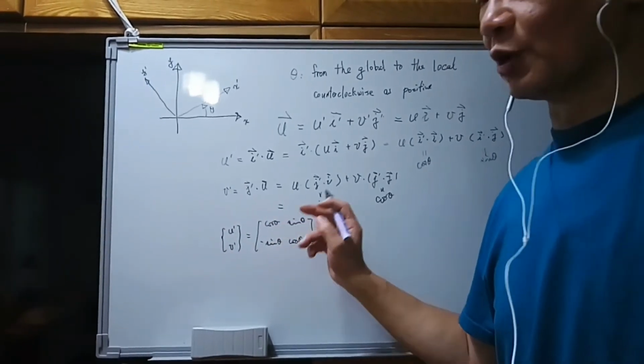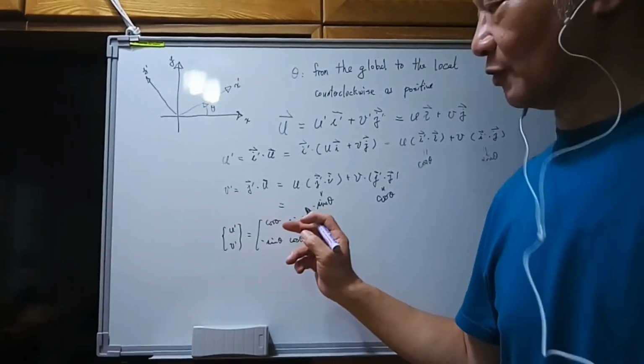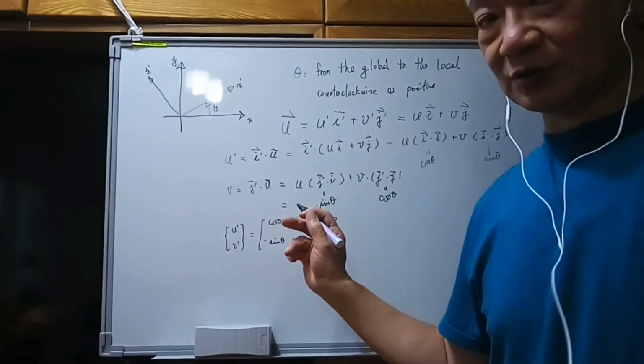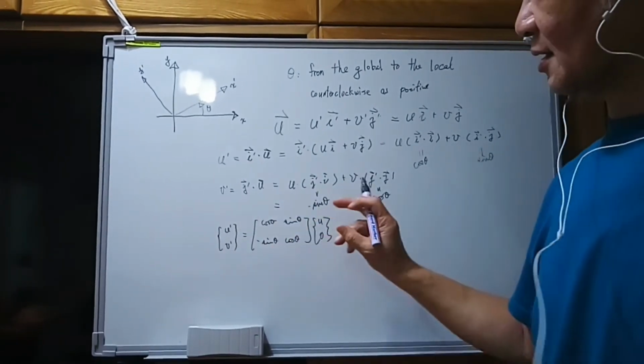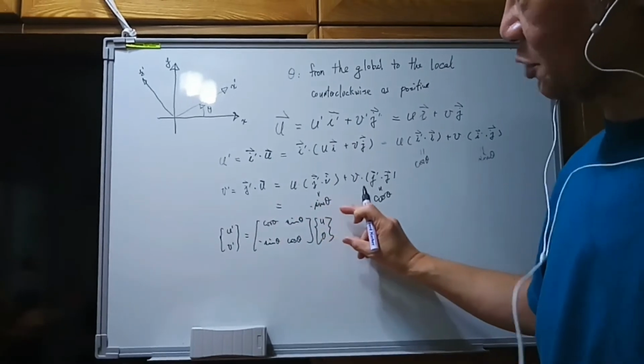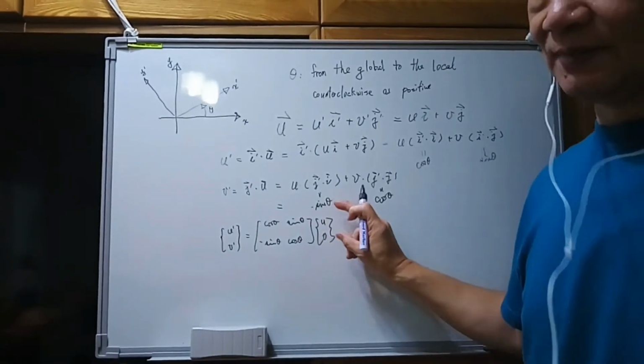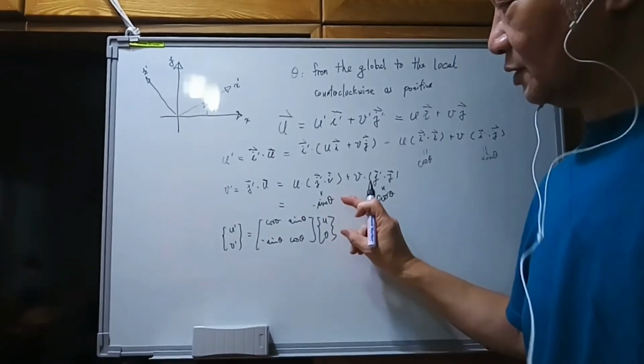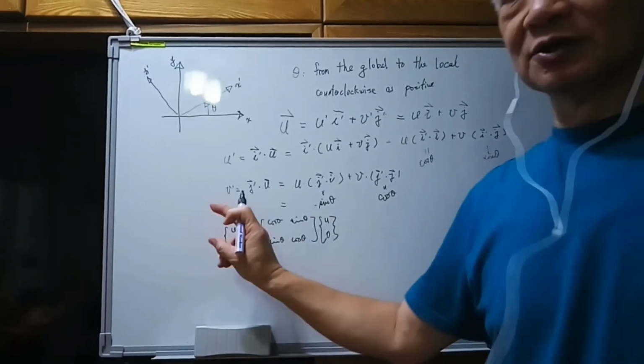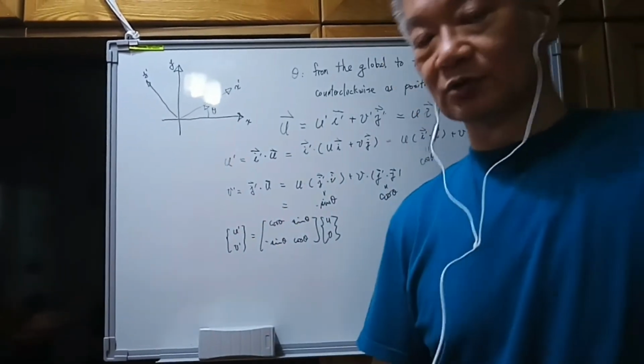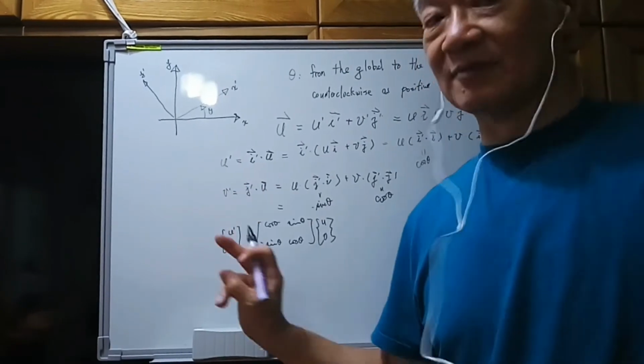Okay, so remember, in this 2x2 matrix, the first row, second column, or you can say the top right corner of the transformation matrix, has a positive sign. Then this rotation matrix multiplied by the global components of a vector gives you the local components of the same vector.